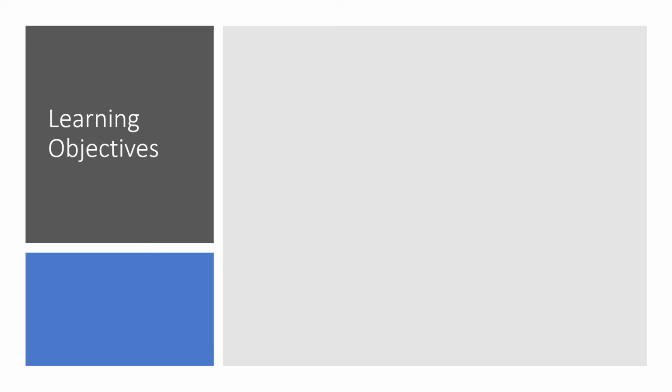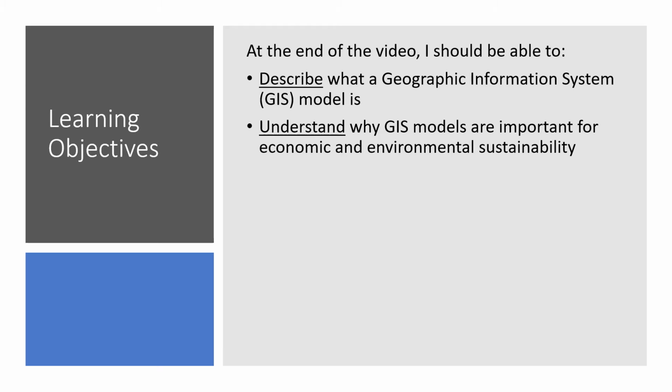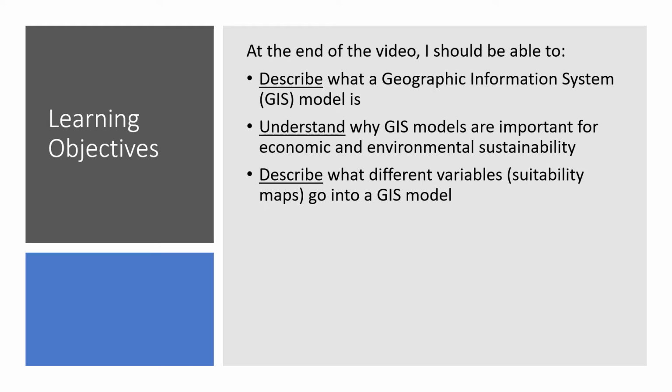Alright, so let's go over the learning objectives, or what you should be able to do at the end of the video. At the end of the video, I should be able to describe what a geographic information system, or GIS for short, is. I will use the abbreviation for the remainder of the video. Understand why GIS models are important for economic and environmental sustainability.